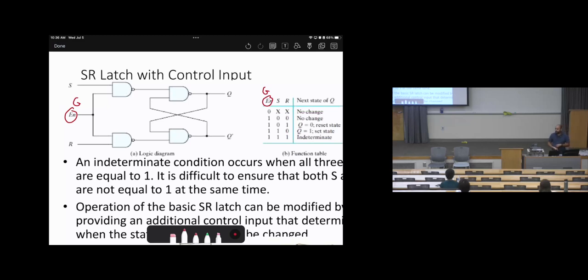Sometimes I need to look at this data, so this data will not be changed no matter what S is or no matter what R is. I need this data to be stored, and I don't want to make any effect on it. So I'm going to make an enable button. If the enable is off, there is no way to update the data, no matter if S is 1 or R is 1. Because we have the hold status when S equals 0, R equals 0, we have the hold status. Yes, that's fine.